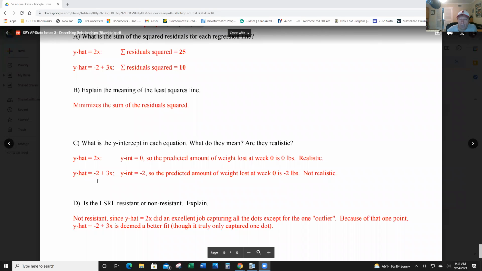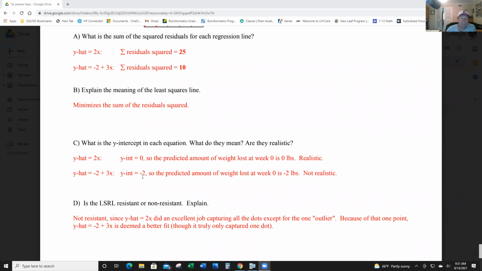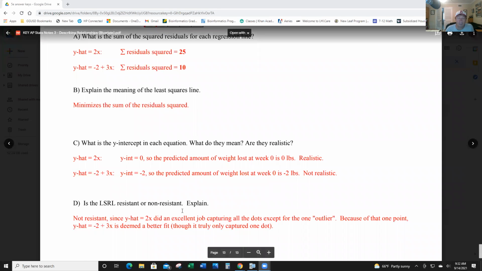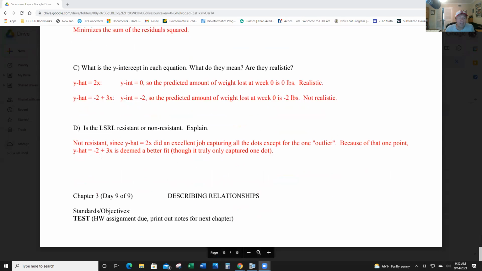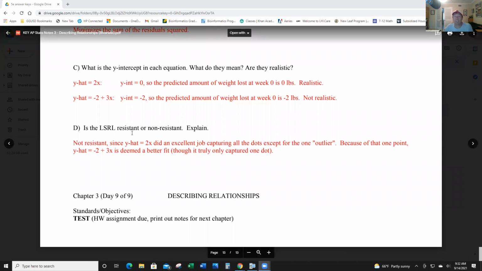The other one, even though it's the least squares line, does have an unrealistic y-intercept. The y-intercept is -2, so the predicted amount of weight lost at week 0 is -2 pounds. Not realistic. That is, unless you're deciding to eat a bunch before you go on a diet or something, but it's not realistic.